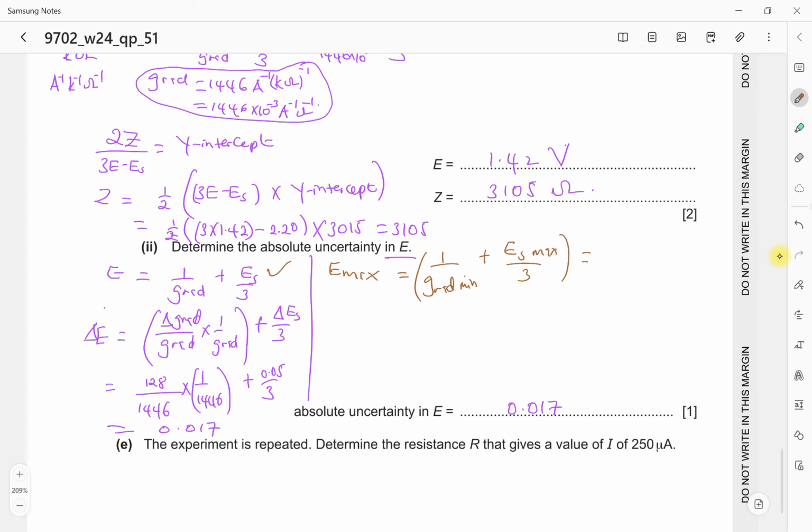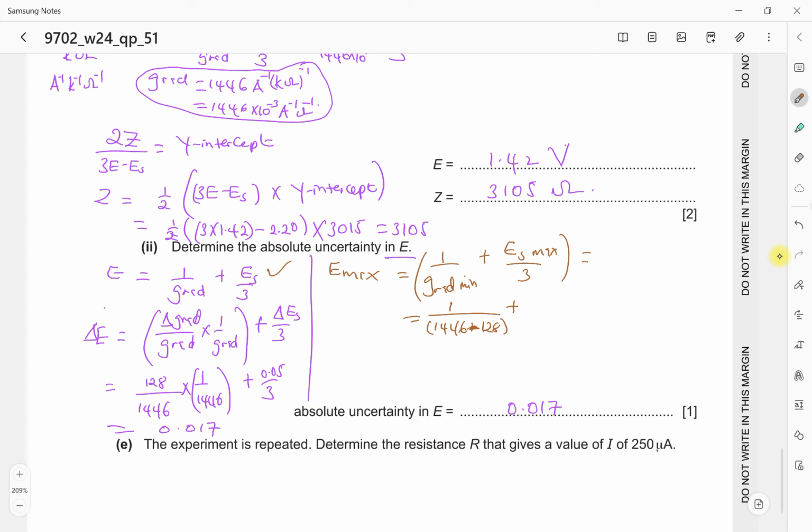Now I'm going to make a substitution, using the minimum and maximum method. So this is going to be 1 over the maximum gradient, which will be 1446 plus the uncertainty, which is minus 128. That is the minimum gradient.